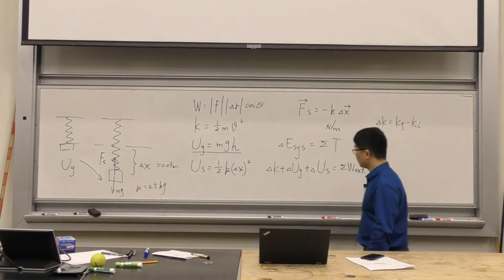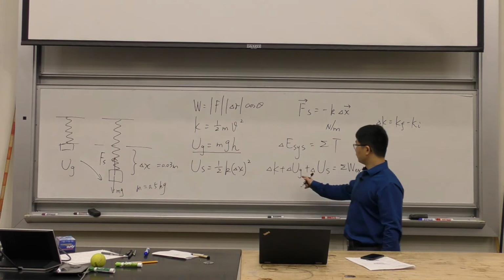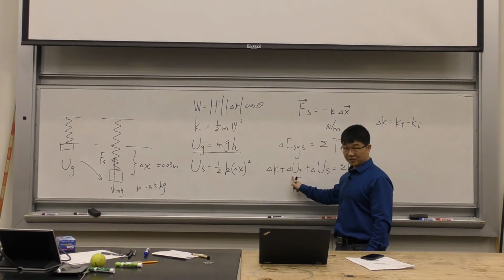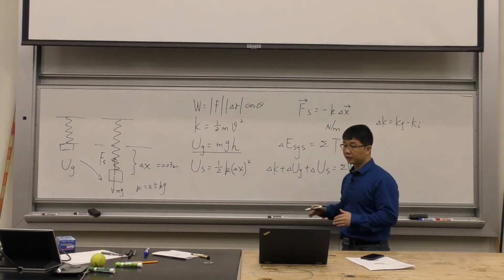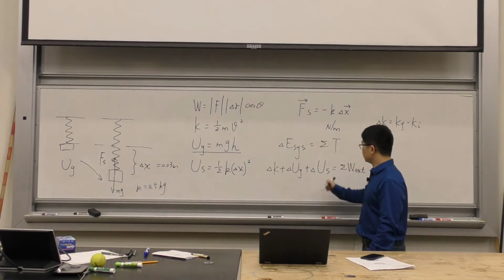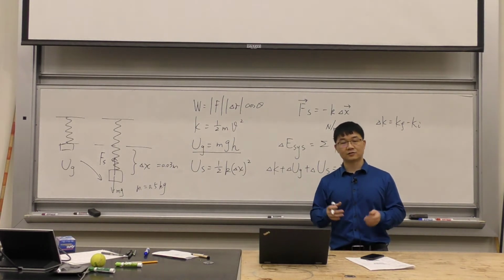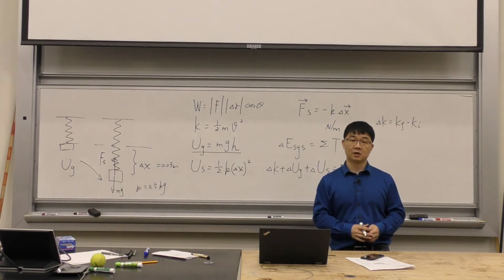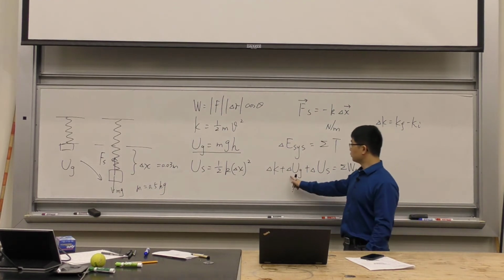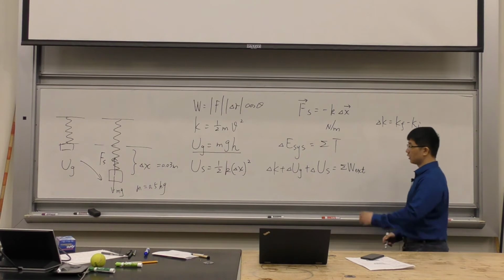And there are 2 forces very special in conservation of energy. If we defined gravitational potential energy, we already included gravity in our system. If we defined elastic potential energy, we have already included the spring force in our system. So these 2 forces, if you use their potential energies on the left-hand side, you don't calculate their work done on the right-hand side.